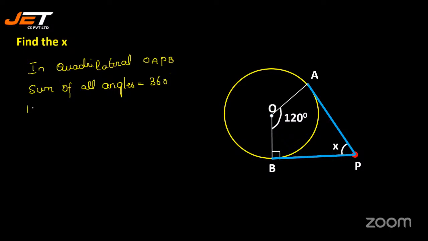I think we have already done this, isn't it? 120 plus x plus 90 plus 90 is equal to 360. The value of x will be 360 minus 120 minus 90 minus 90, which implies x is equal to 60.